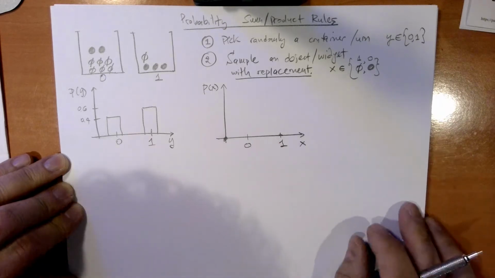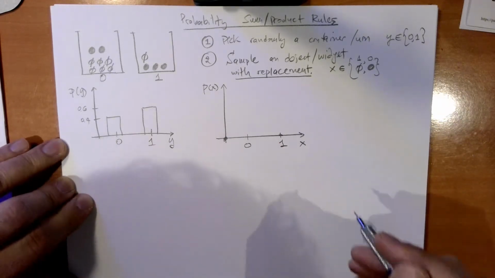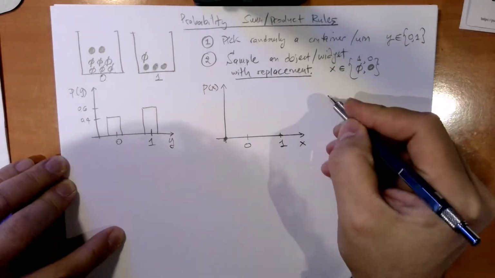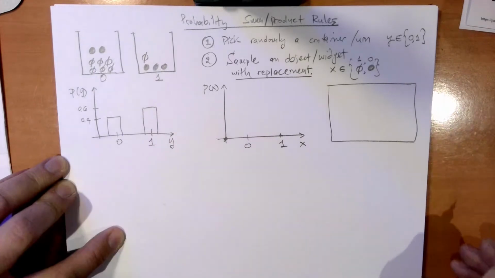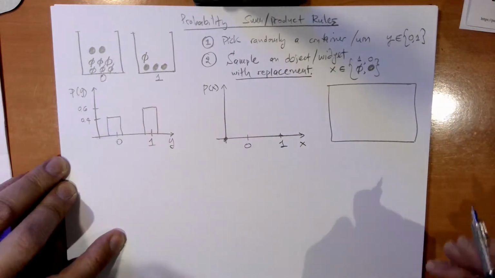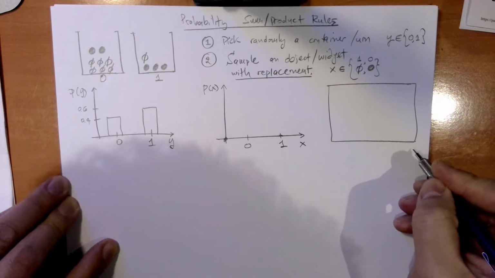The only avenue to come up with this probability distribution for x is to run this experiment multiple times. In this specific case, we will run the experiment n times.